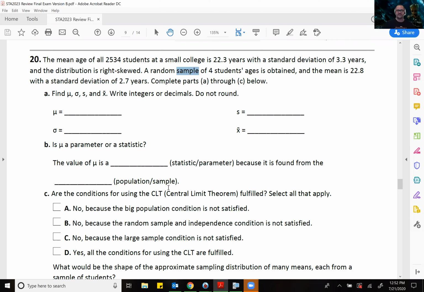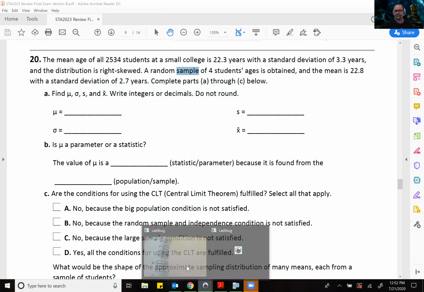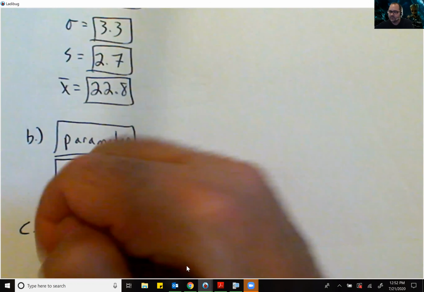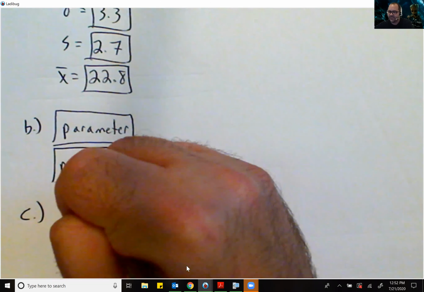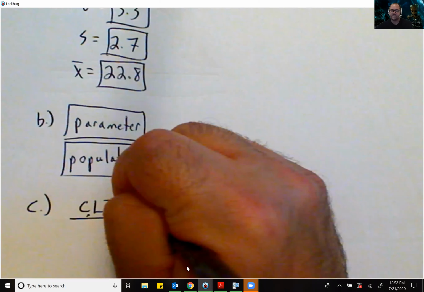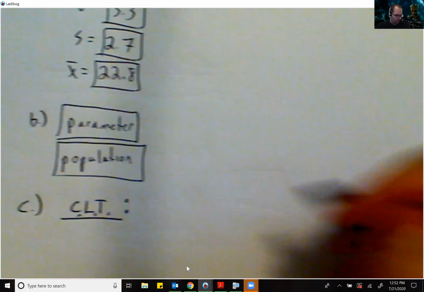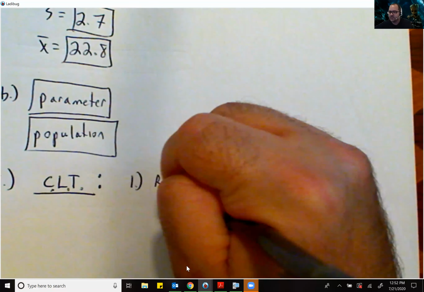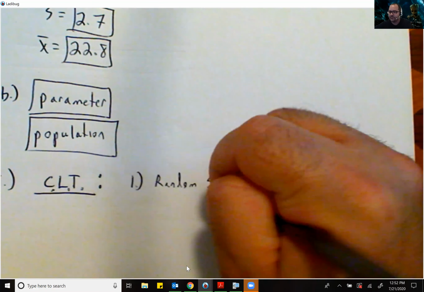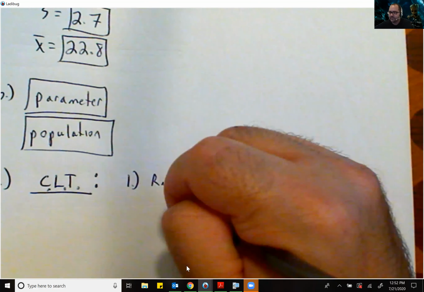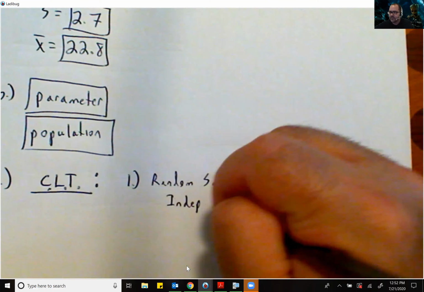And those 3 pieces of information, let me jump over to my piece of paper, CLT, central limit theorem. Those 3 pieces of information were, 1, that you have a random sample and independent observations.